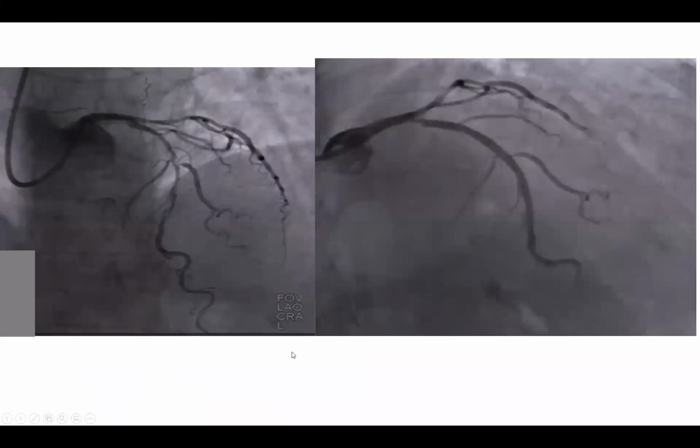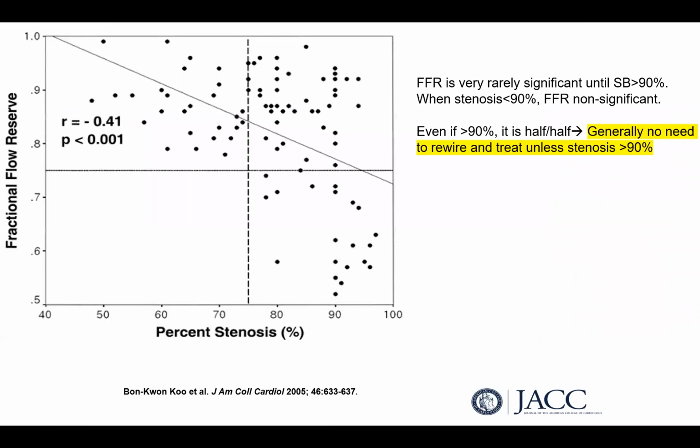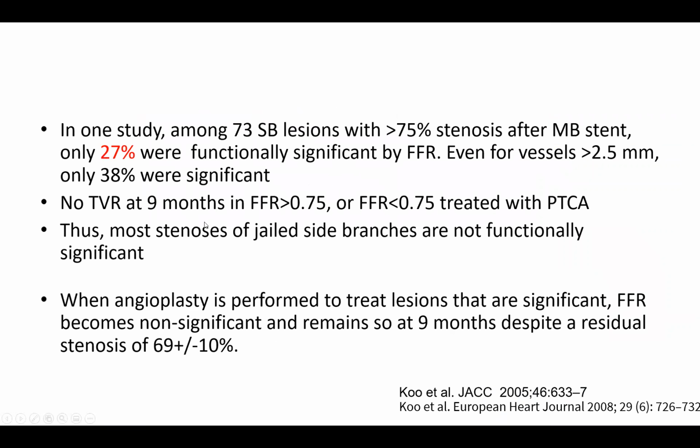Not just that, they showed that for the MACE at 9 months, there was no TVR in patients with FFR over 0.75, even though their stenosis was severe. And there was no MACE in the FFR less than 0.75 that were just ballooned and in whom, after ballooning, you improved the FFR, but you are still left with a bad stenosis. They still had no MACE with those patients.